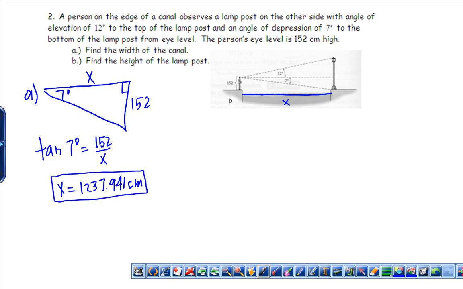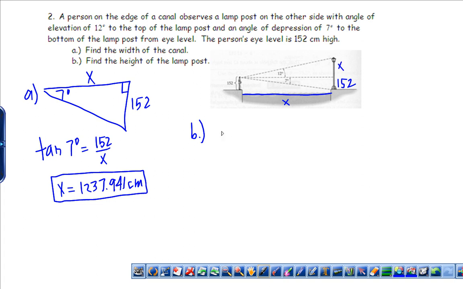Okay, so now I know the length of the canal. I can find B. It says find the height of the lamppost. All right. So I don't know how high this is, but I do know this right here is 152. But I don't know this one.